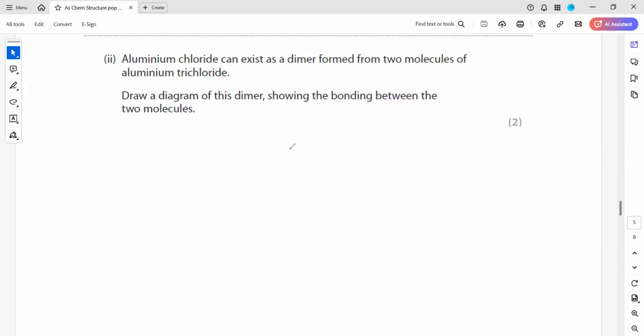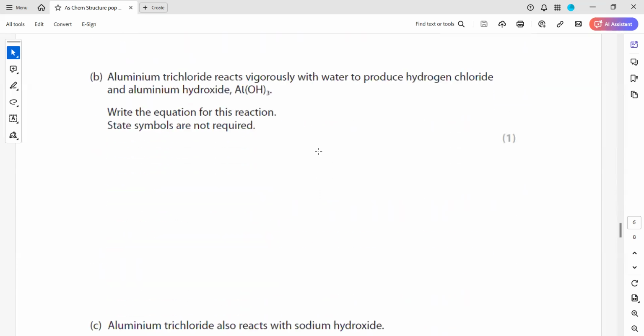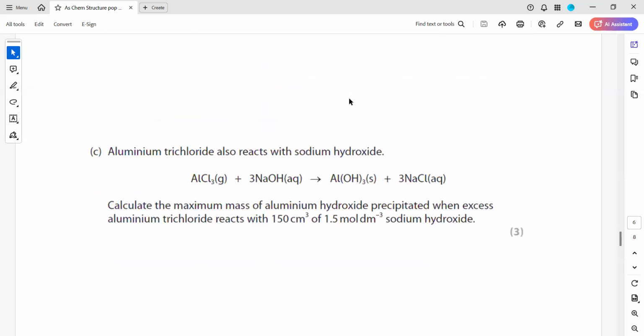Is it clear? How to draw a dimer? If they don't specify, dot and cross only. Yes, if they specify, then dot and cross only is fine.